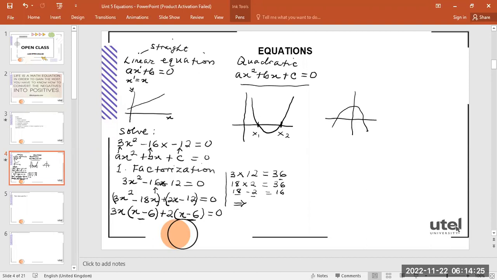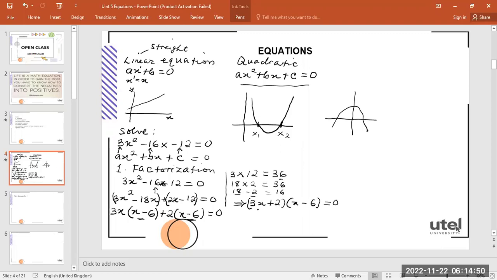the factors of this equation are, I will take the first one, which is 3x plus 2, and one of these expressions in the variable, x minus 6, equals 0.